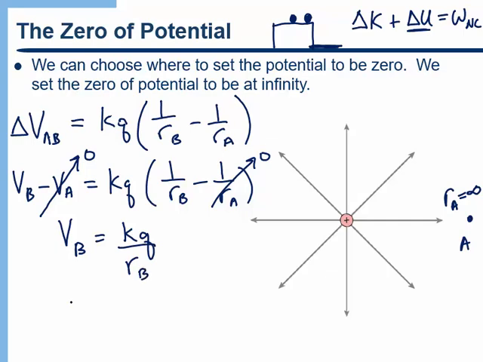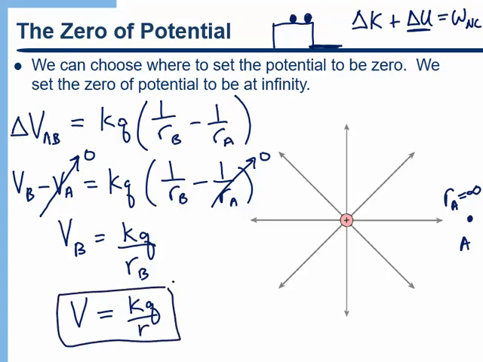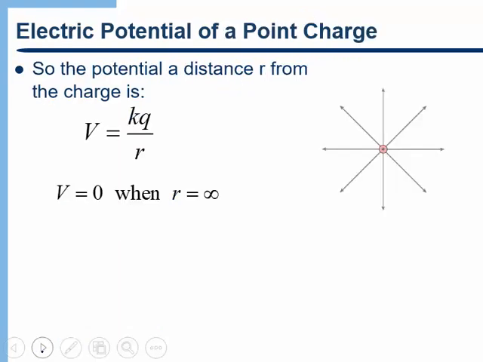We now just drop the letter and say that the electric potential of a point charge is given by KQ over R.